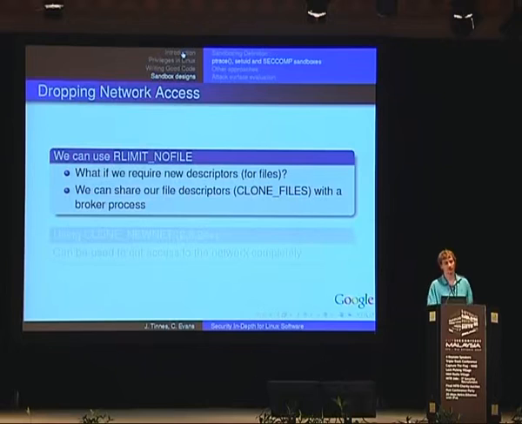You can also drop network access. That's an important thing because the thing is, I've mentioned our limit no file, but what can you do if your process cannot get any new file descriptors? It might be a bit too restrictive. So what you can do is have basically the same idea of having another process which shares its files with your restricted process.